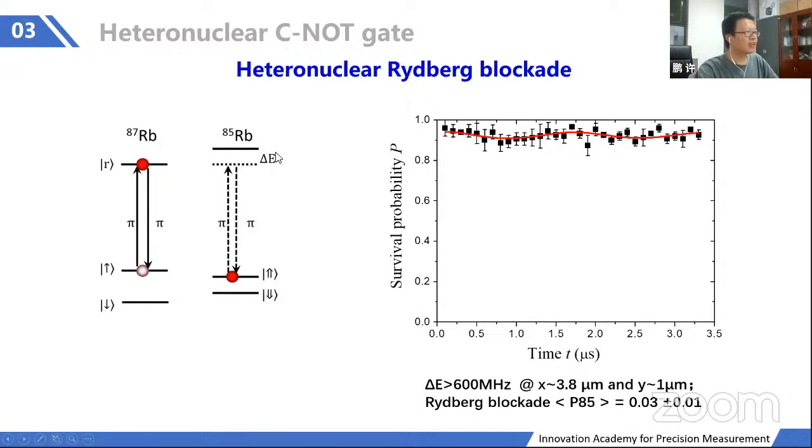Due to this energy shift, 85 will no longer oscillate between the ground and the Rydberg state, which is demonstrated here. You can see there is almost no excitation, no Rabi oscillation.